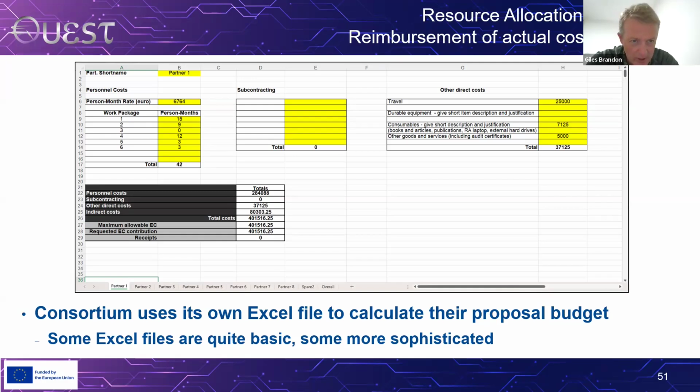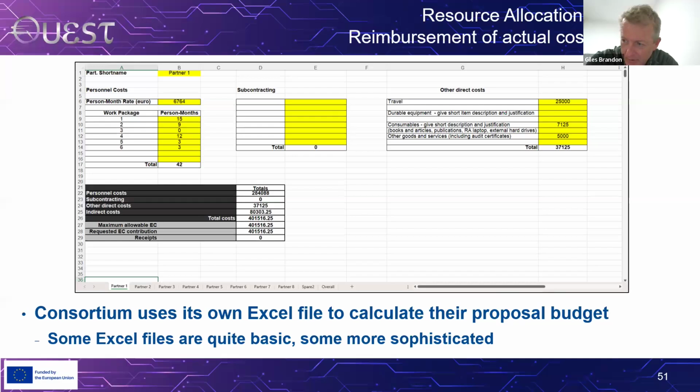Just give me an average rate. The other thing is, for other direct costs like consumables, I'll tell them to give me an overall figure. If it's above about 15%, I'll then say, please give me an itemized breakdown for your consumables.